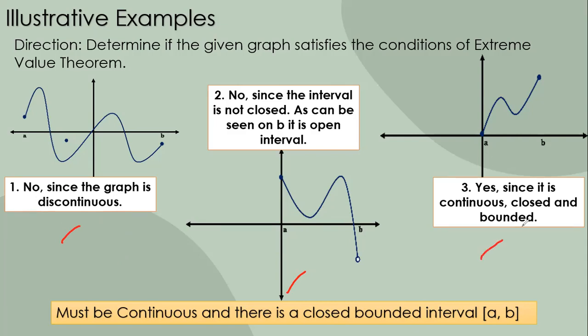So only the third graph satisfies the extreme value theorem, thus meron siyang minimum and maximum. As we can see here, nag-occur yung maximum and minimum point dito sa A and B. Okay? So this is the minimum and this is the maximum. Okay? So maximum pinakamataas, minimum pinakamababa.